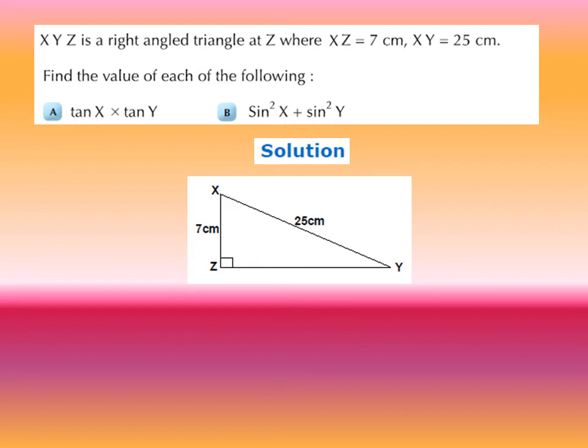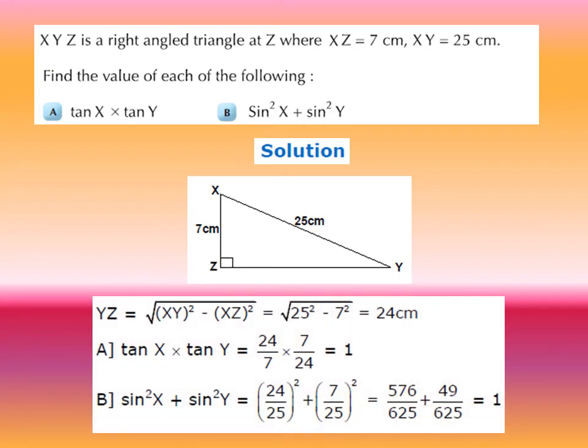The right-angled triangle XZY is right-angled at Z, and the length of XZ equals 7 centimeters and XY equals 25 centimeters. First step, find YZ. YZ equals square root XY squared minus XZ squared equals square root 25 squared minus 7 squared equals 24 centimeters.